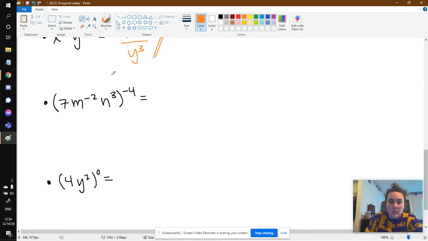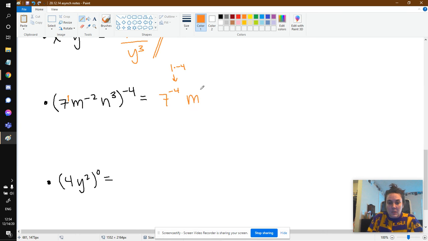The next problem I want to go over, if we have a negative exponent and we're distributing it to all 3 of these parts, we still just follow the rule, right? This is 7 to the power of 1, m to the power of negative 2, and n to the power of 3. This becomes 7 to the power of negative 4 because it's 1 times negative 4.